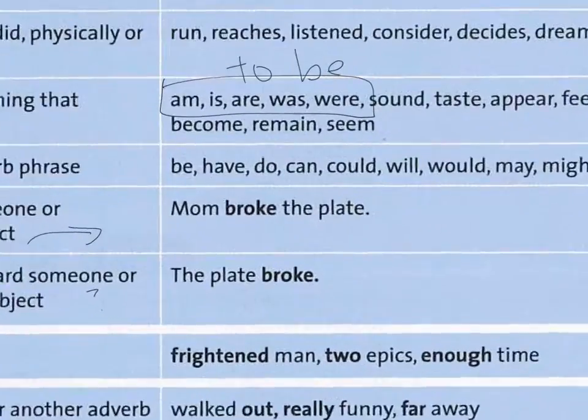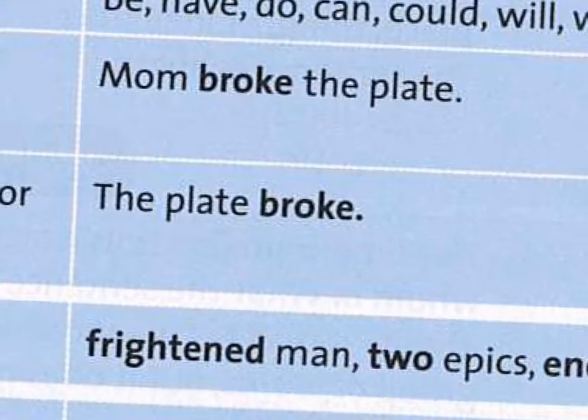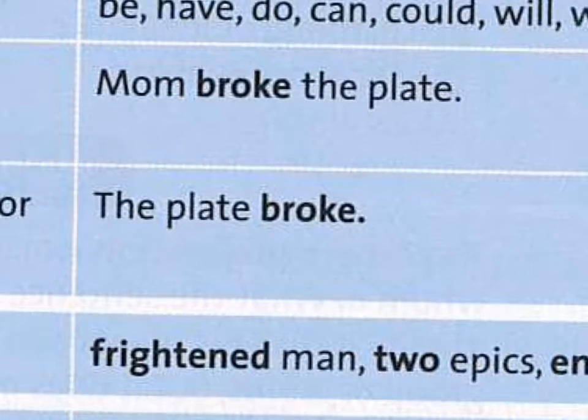Transitive and intransitive. Okay, so if I look at these two sentences, Mom broke the plate. Okay, Mom broke what? The plate. But if I say the plate broke, what? The action isn't going anywhere. The plate broke. Okay, the kid failed.